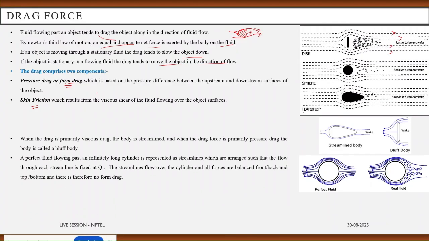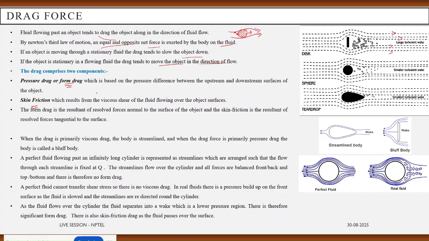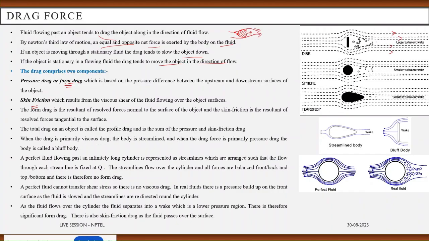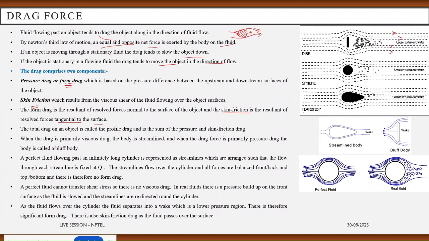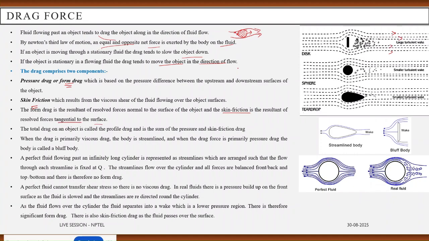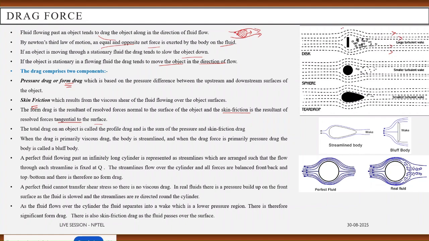So the form drag is the result of forces normal to the surface of the object, and the skin friction is the result of forces which are tangential to the surface. So the surface is like that.